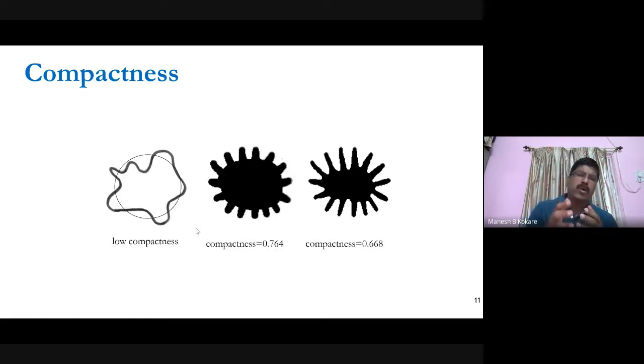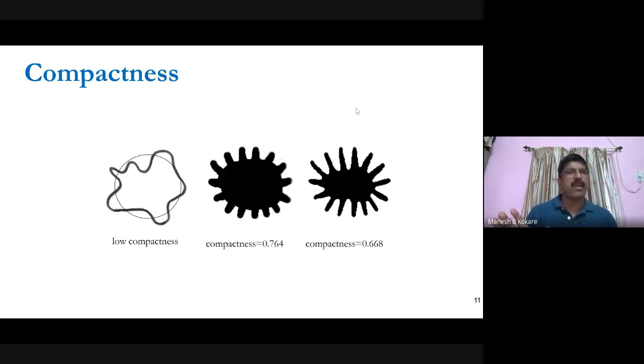Now let me know whether this compactness is rotation invariant. If the object is rotated and you are finding the compactness, is the compactness value changing? Absolutely not. So compactness is rotation invariant. If this object is translated here, will the compactness value change?